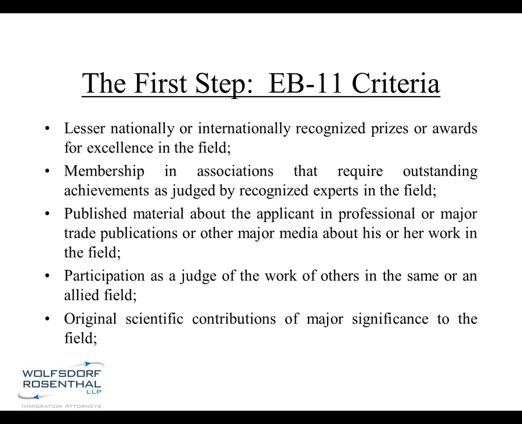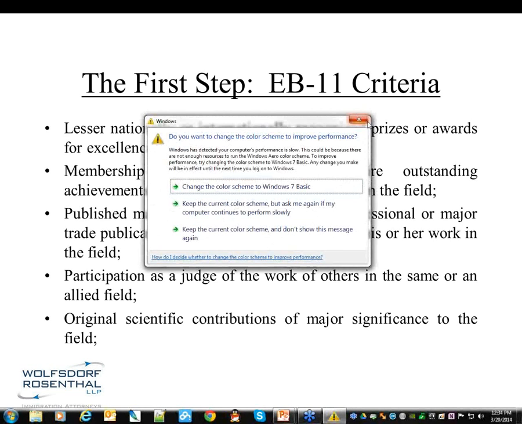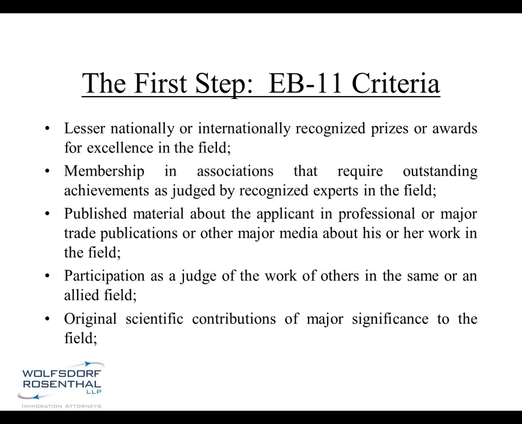What I want to address at the outset with these criteria, not to scare anyone, is that they're actually much more complex than you would necessarily realize at first glance. And each criterion actually has some criteria within the criteria. So let's look at that first one as an example.